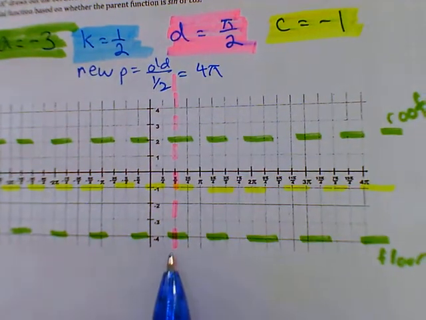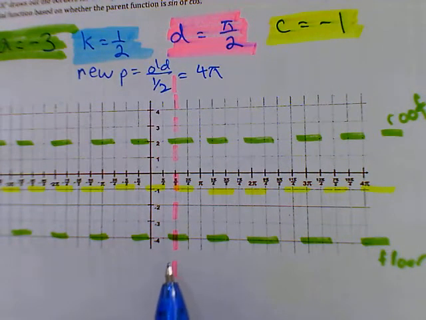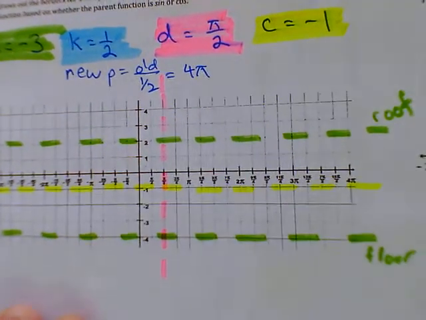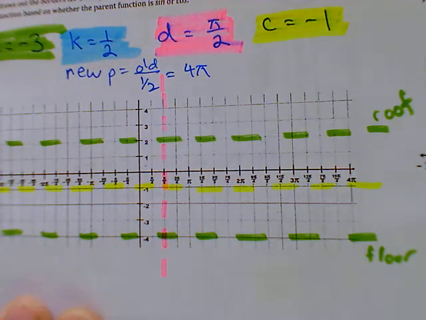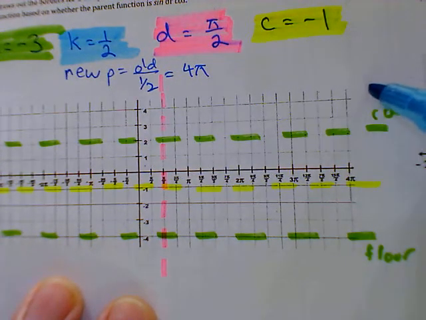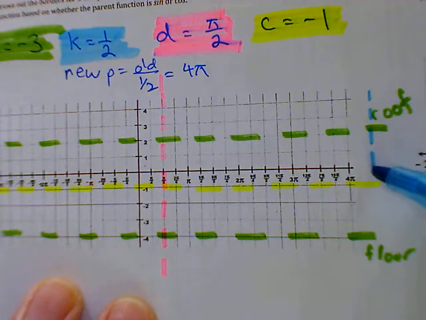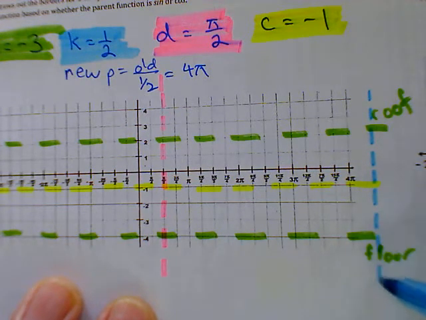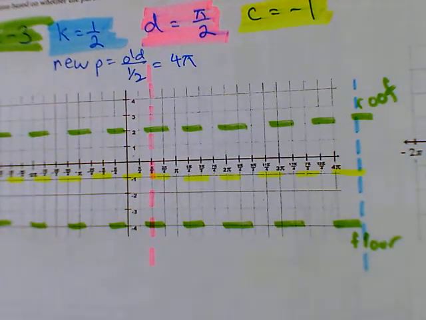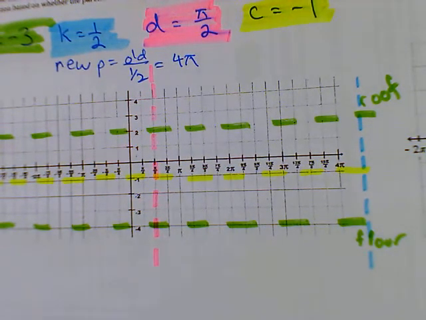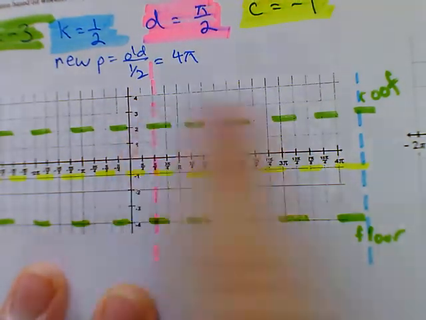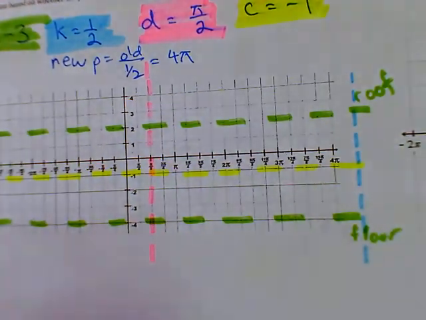So wherever you started, your pink, count out 4 pi and draw your ending line, which is about 2 boxes to the right of that entire graph. Do you see the box? Yes. Pink, green, green, and blue. Your goal is to fit one curve inside that box.